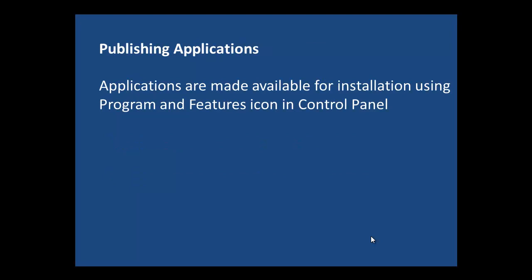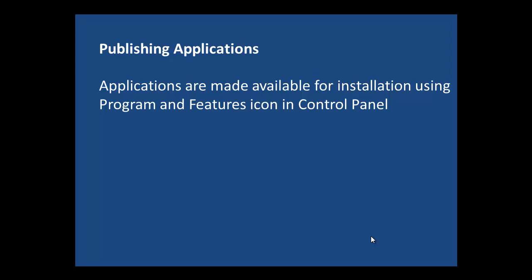An application can also be published to a user. When we assign the application, we can assign it to both computer and to user. But when we publish, the application is published to the user. But in this case, no icons are automatically created.